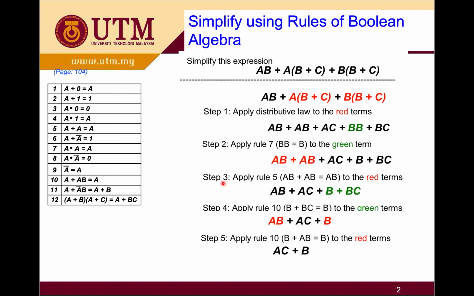After that, step number 3, you're going to do rule number 5, which is AB plus AB equal to AB. So you will simplify the red color over here, and you will get this one.